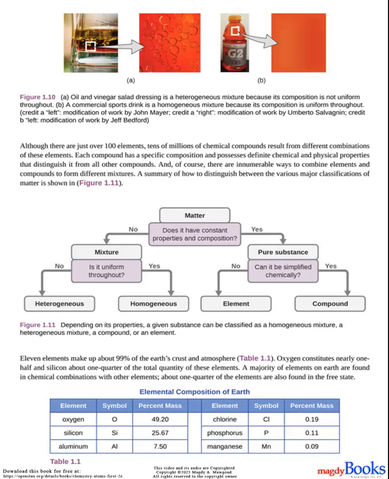Elemental composition of Earth. Element, symbol, percent mass. Oxygen, O, 49.2. Silicon, Si, 25.67. Aluminum, Al, 7.5. Chlorine, Cl, 0.19.